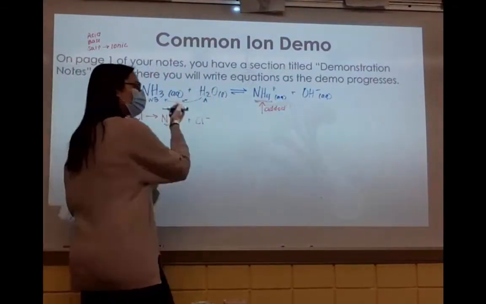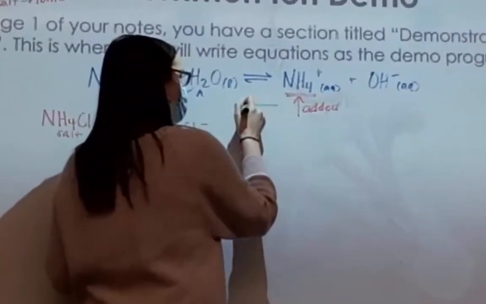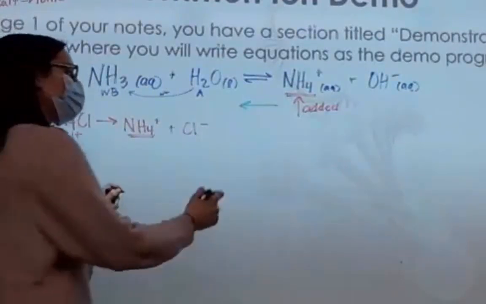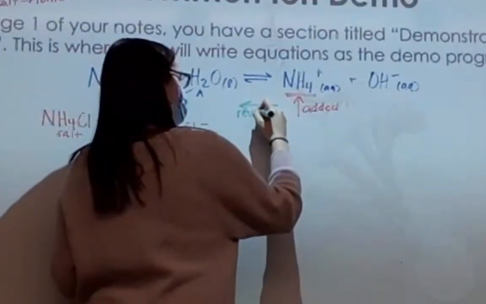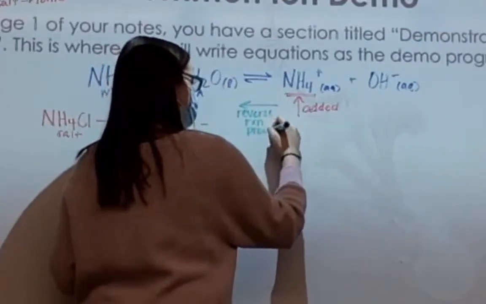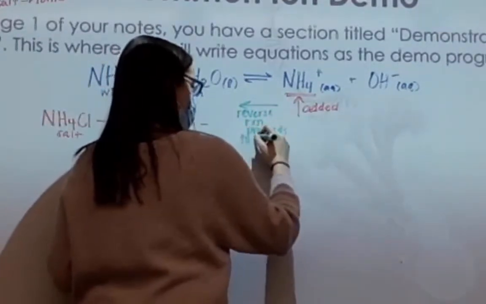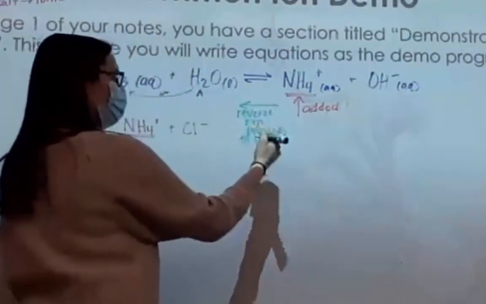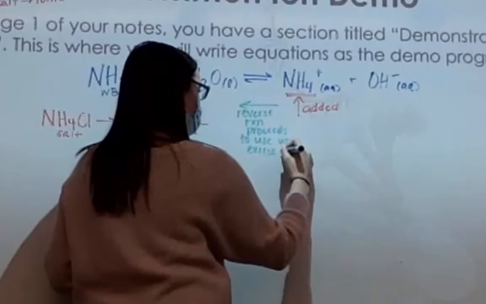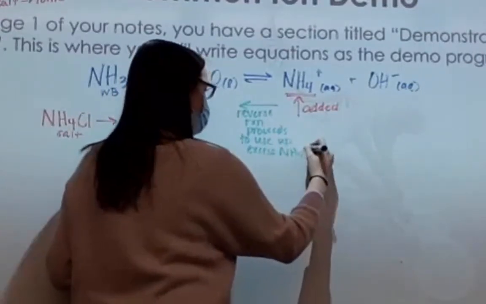So to get back to equilibrium, the reverse reaction will proceed. So I'm writing: reverse reaction proceeds to use up excess NH4+.